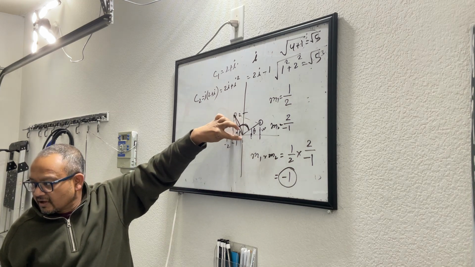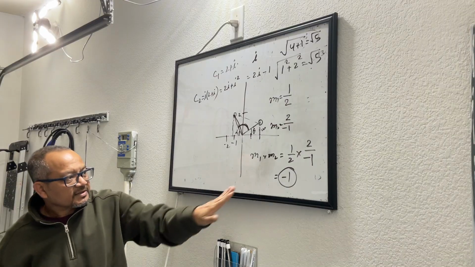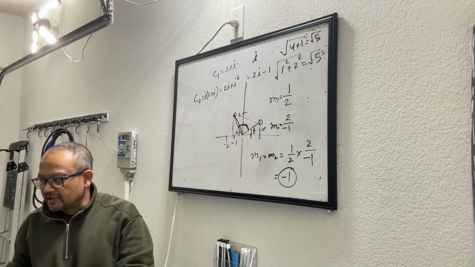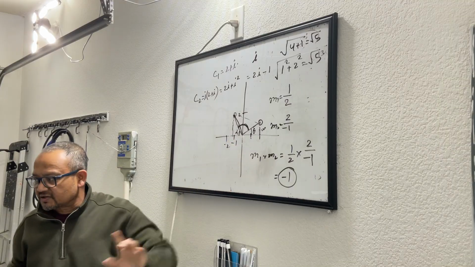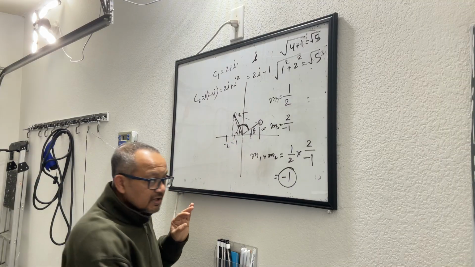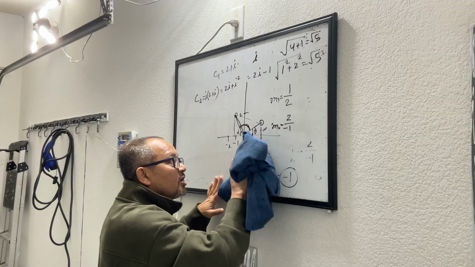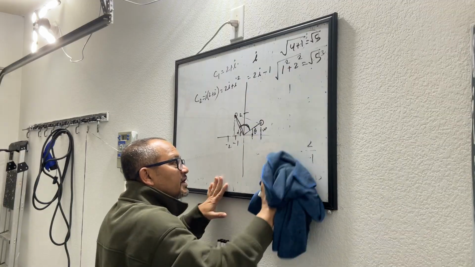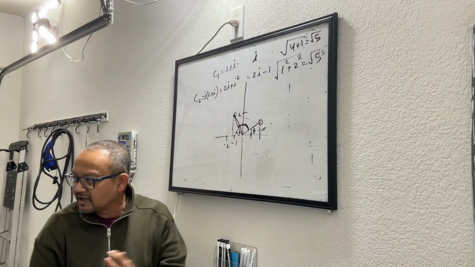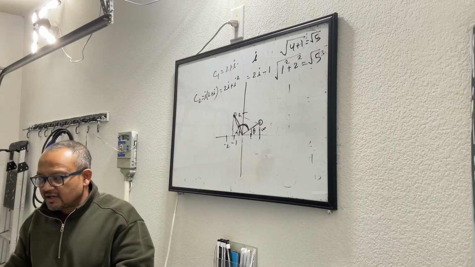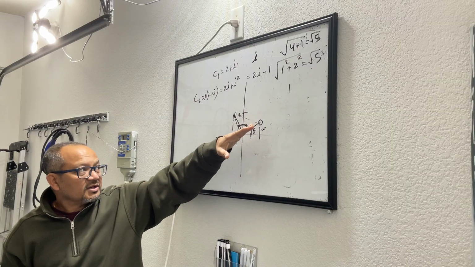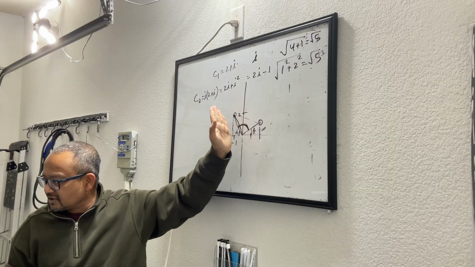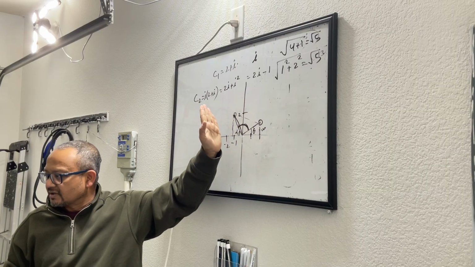When we multiplied the slopes of these two lines, joining these two complex numbers with the origin, we saw that this is minus 1. That means this is perpendicular. So the takeaway is, when you multiply any complex number with i, you are not changing the magnitude. You are just rotating it by 90 degrees. Does that sound okay?